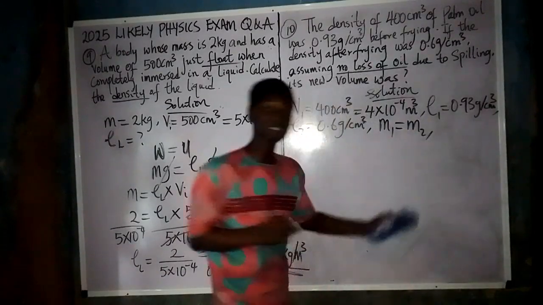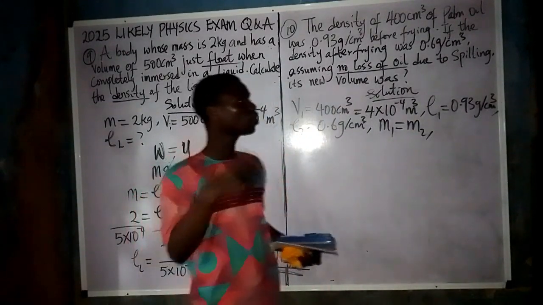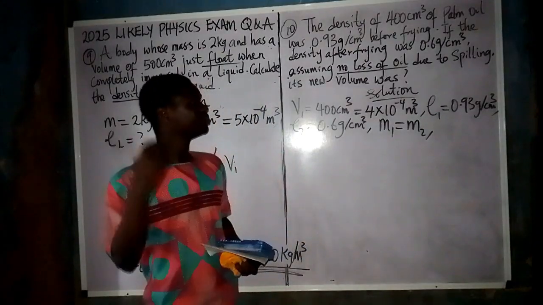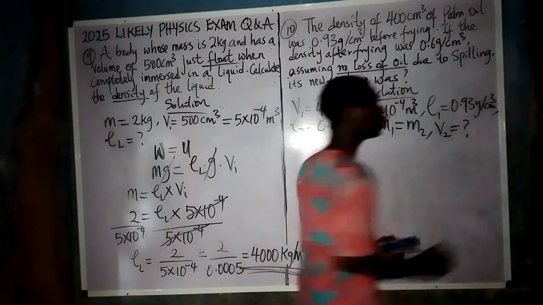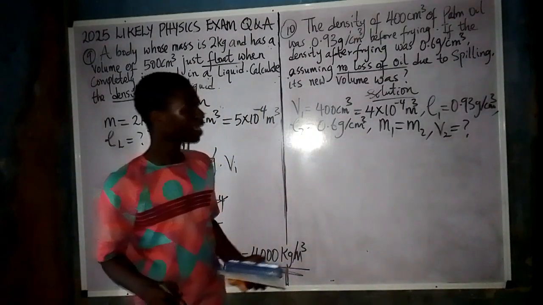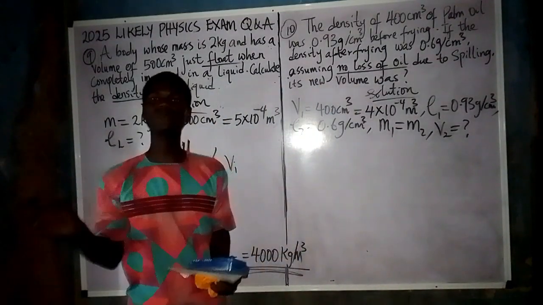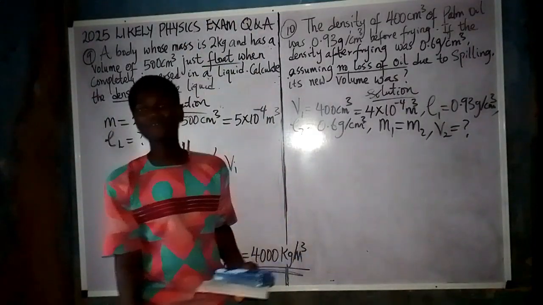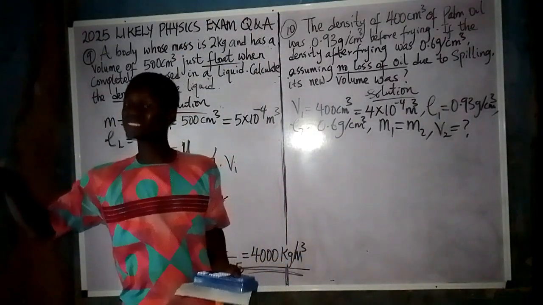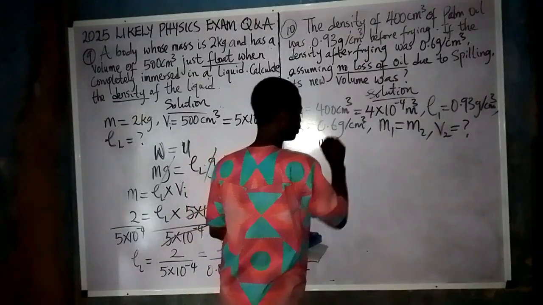This is what it means mathematically. Assuming no loss of oil due to spilling, the new volume, that is V2, will be what? Unknown. V2 is unknown. Now, based on what they said, assuming there was no loss of fluid, the weight of the oil before frying must be equal to the weight after frying. I will start from there.